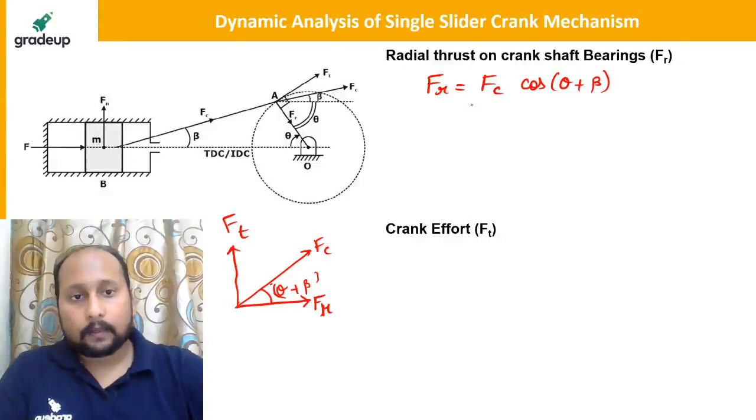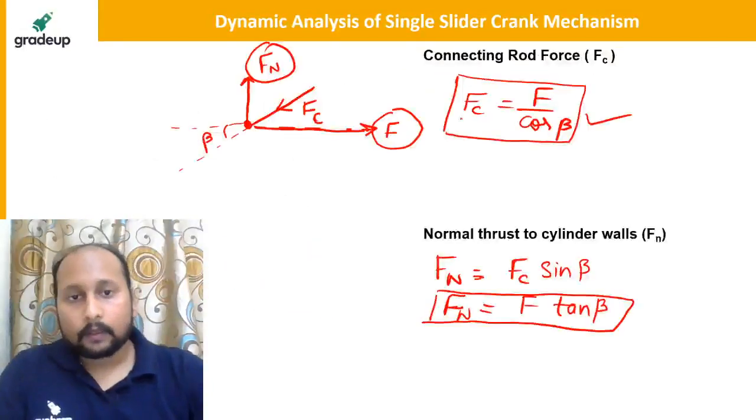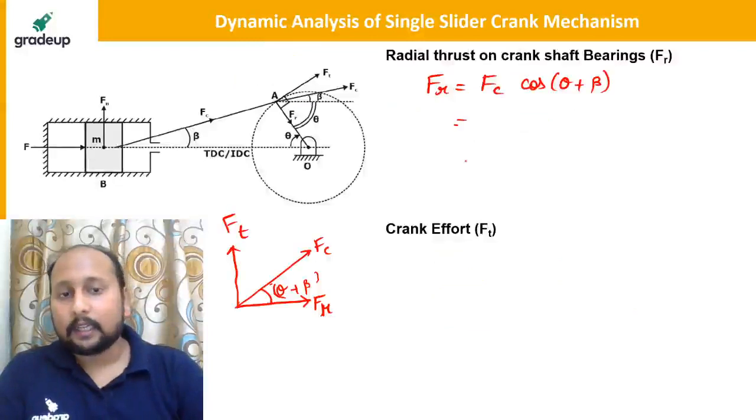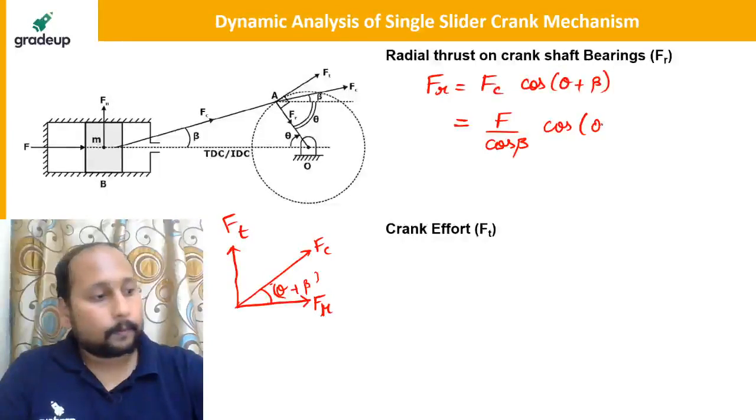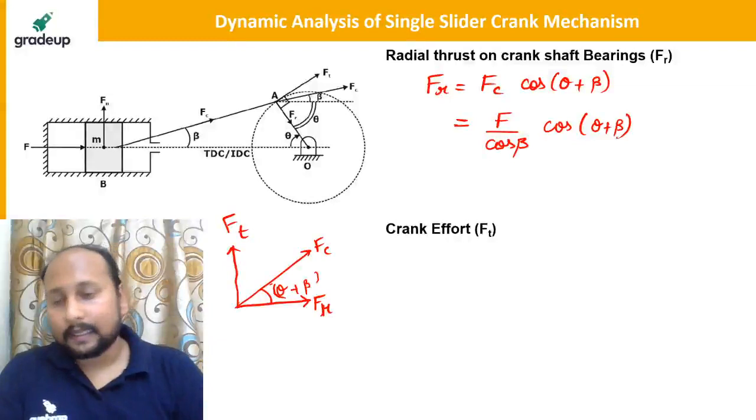Is that clear? Now Fc, I can write in terms of F: F by cos beta. So Fr is equal to F by cos beta into cos theta plus beta. This is the radial force.